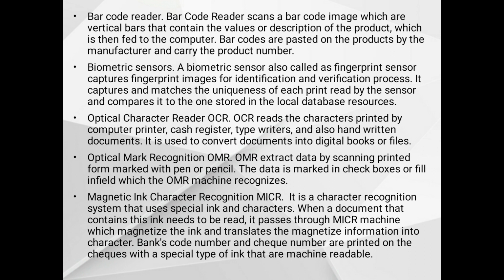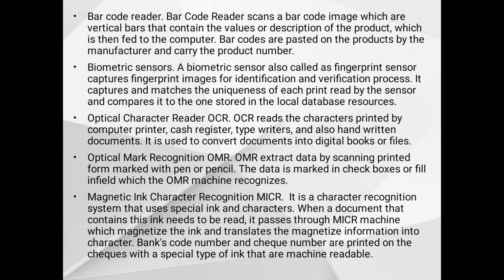OMR extracts data by scanning the printed form, which is marked with pen or pencil. The data is marked in checkboxes or fill-in fields which the OMR machine recognizes. You need to fill up the ovals properly. Those are examples of bubble sheet methods. The OMR machine reads those dark marked portions, gathers the points, and then marks the form.